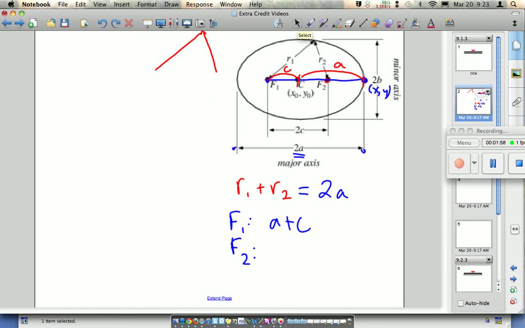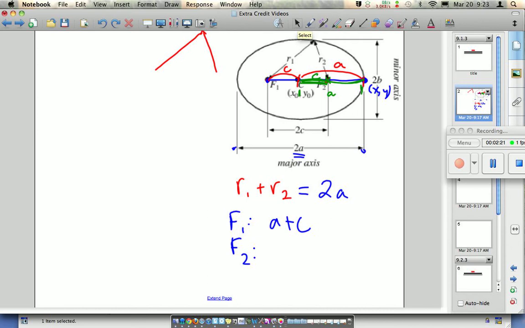Now let's take a look at the distance to F2, because we're trying to describe this distance in a simple expression. F2 is right here, and let's think about how we can describe that distance. Remember, the distance from the center to the edge is a, but we didn't go a, we went a little bit less than a. What's this distance here? This distance is c. So we went a minus c.